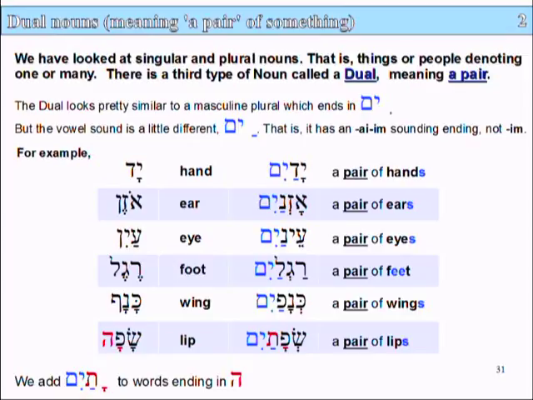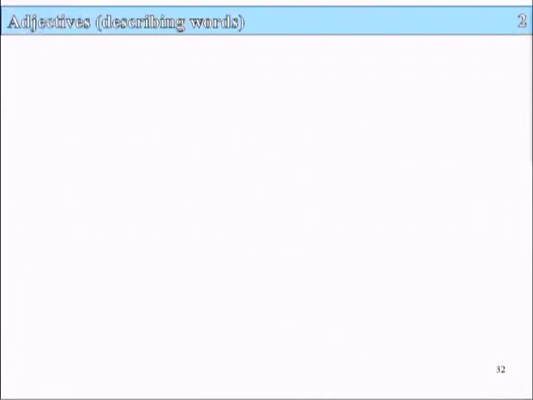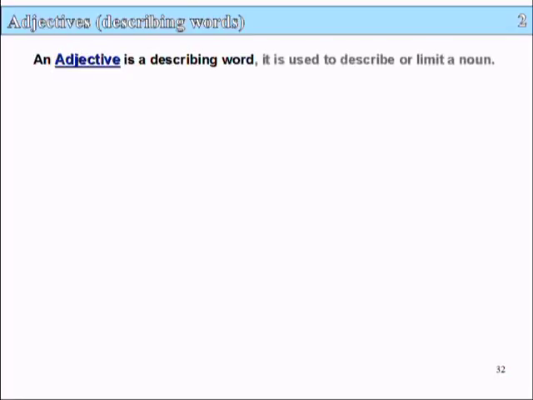So that's duals, a pair of something. Slide 32, Lesson 2, Adjectives, or describing words. An adjective is a describing word. It is used to describe or limit a noun. For example, big house.